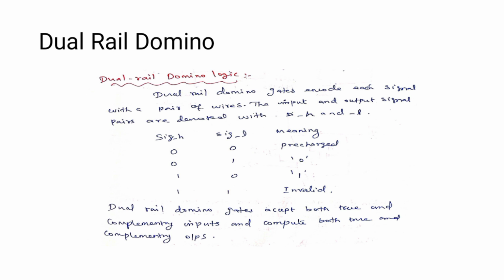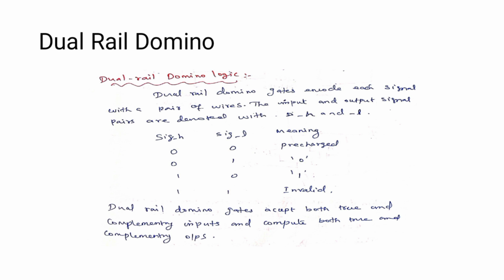Here the gates encode each signal with a pair of wires. The input and output signal pairs are denoted as s underscore h and s underscore l. Underscore h means high input and l means low input. That meaning is also tabulated in this slide.